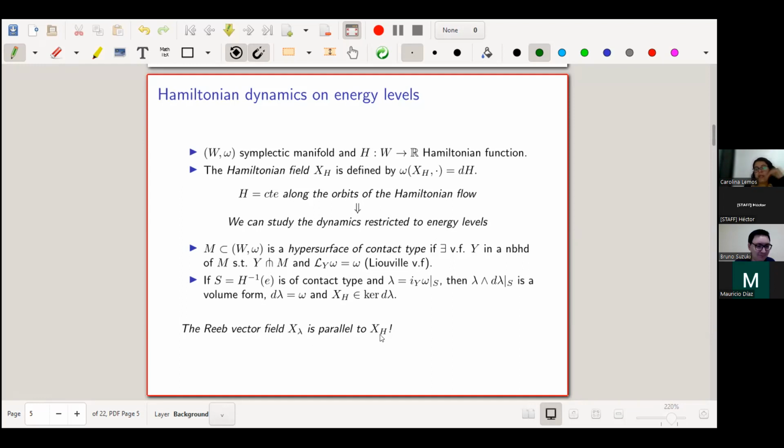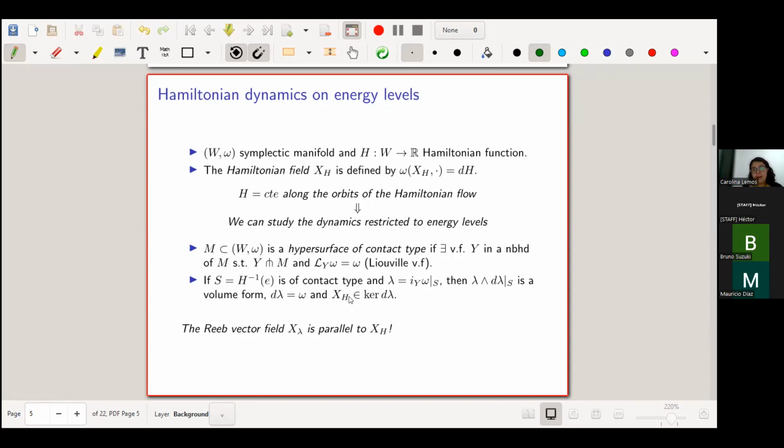So basically, if you want to study the dynamics of a Hamiltonian vector field restricted to a contact type regular energy level, it's the same as studying the Reeb dynamics of the associated Reeb vector field, because they have the same orbits up to parametrization.